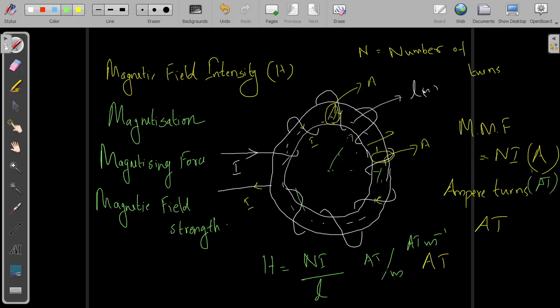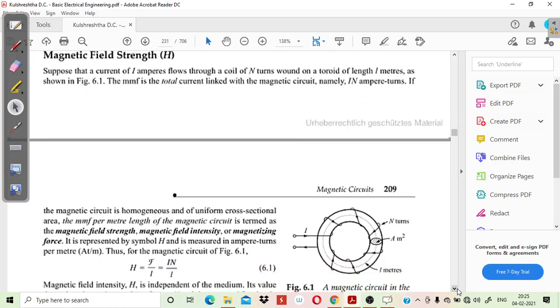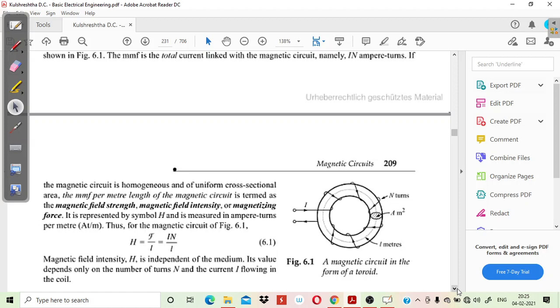So H is measured in ampere turns per meter, that is, per unit length.